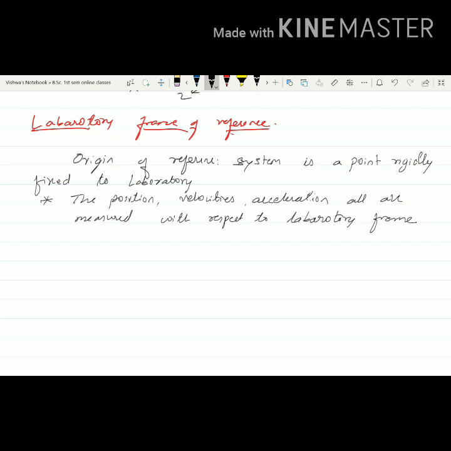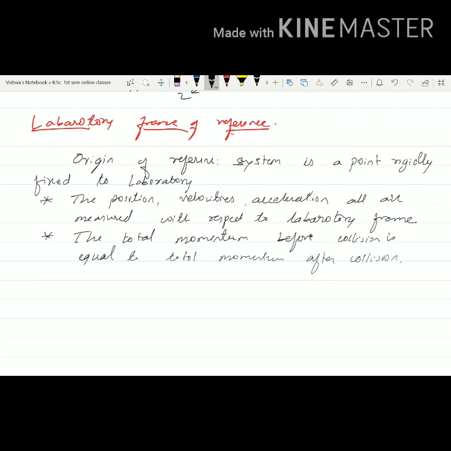And if there is a collision, then the total momentum before collision is equal to the total momentum after collision.